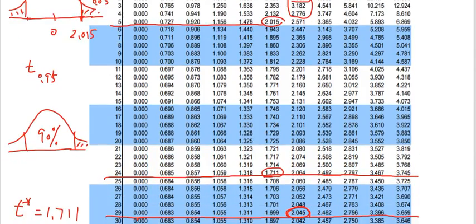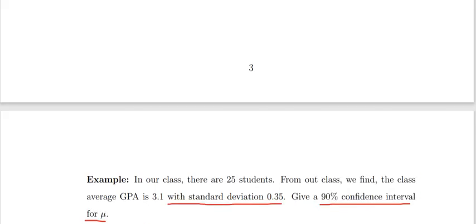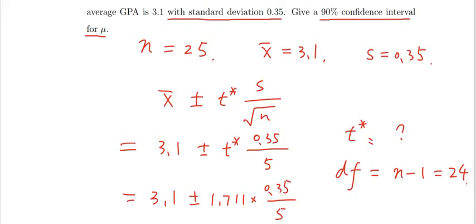So if sample size is quite small, we should use the T table. We should find a T star. If sample size is quite big, we can use Z star. We can use the Z table.